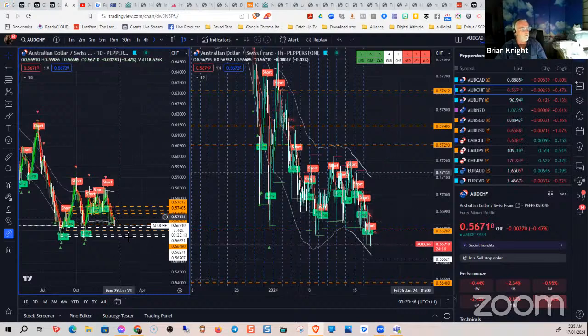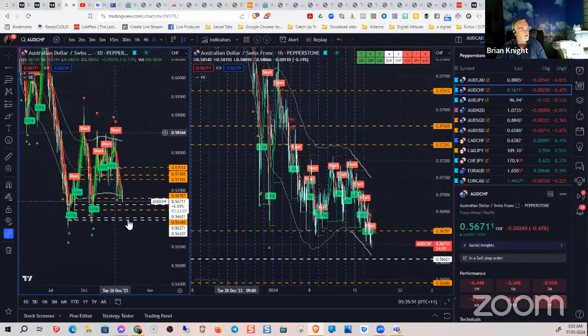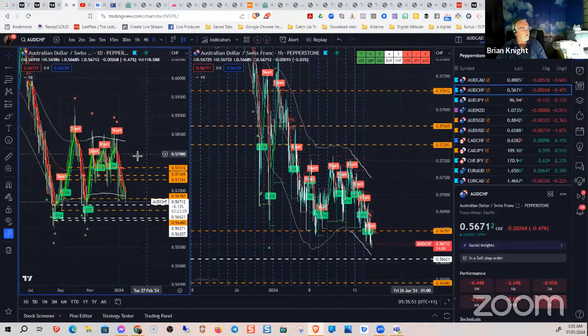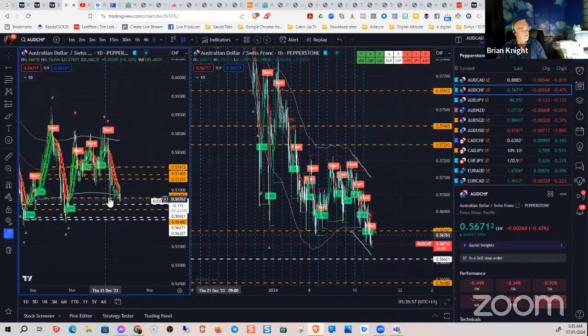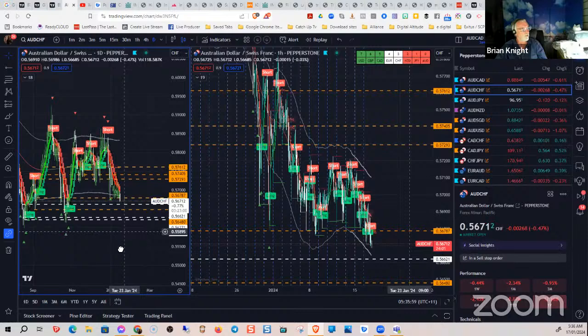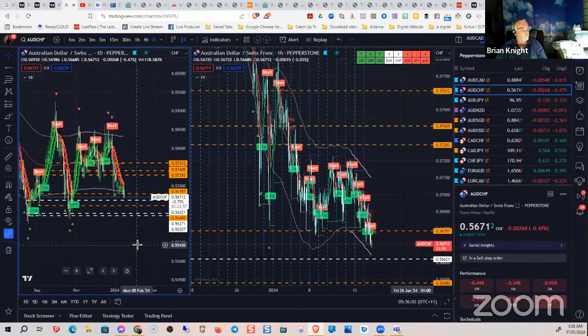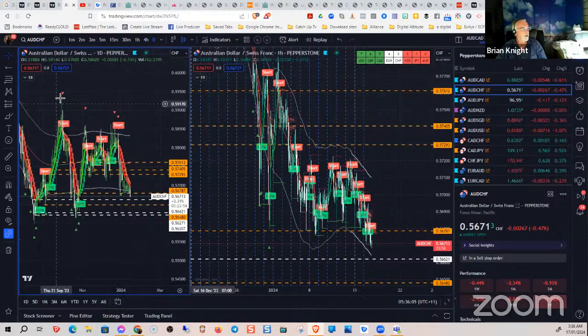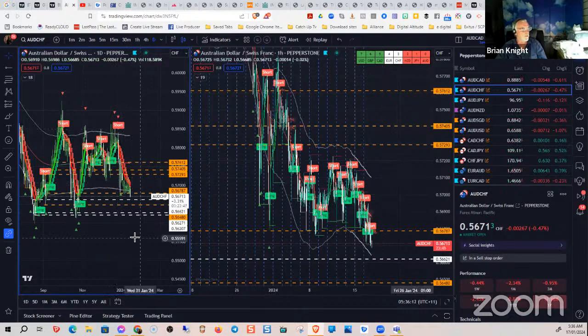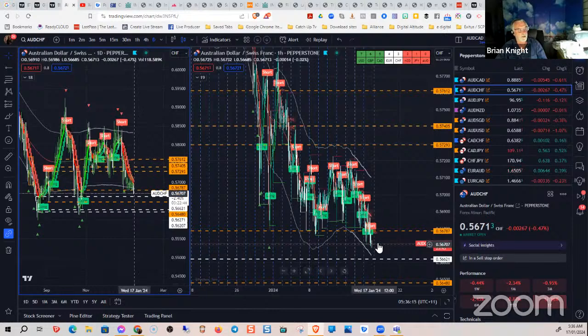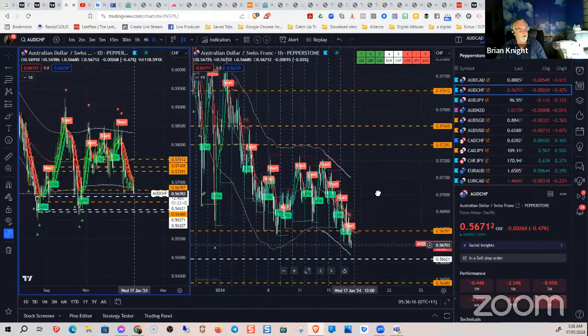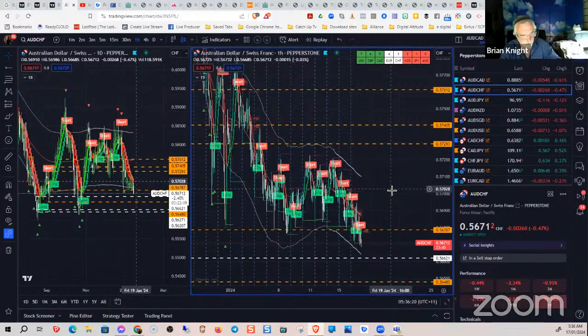For me, I'm just going to be waiting to see. If you're not already in the sell, then probably not the time to get in, unless you want to see it at least come back to there or break there. It does have lower highs, so potentially it could break that. We'll just see. This also may have a pullback up, so I'm just going to put down some of these ones.